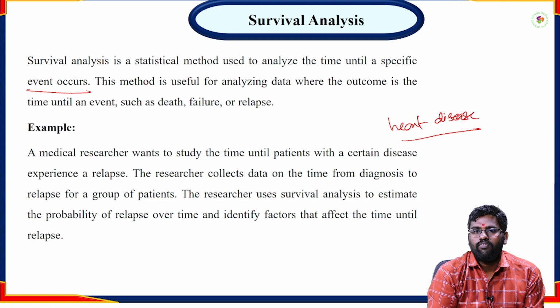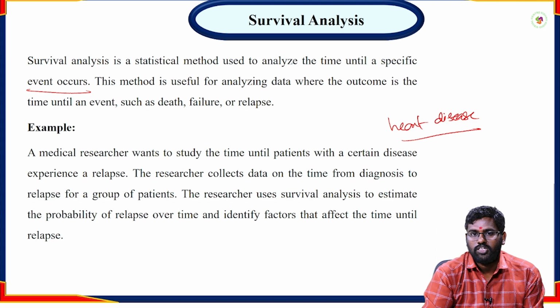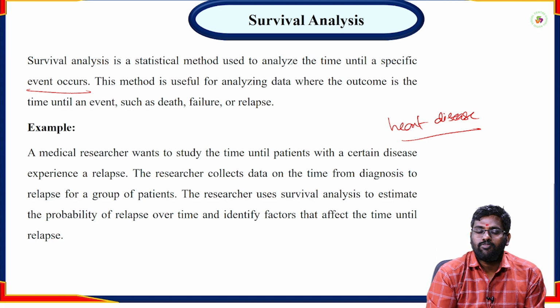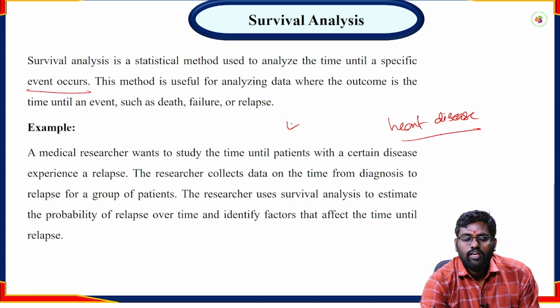Whenever we give curing medicines for the heart disease to the particular patient, we need to analyze, for example, a 40-year-old person, a 30-year-old, a 50-year-old, a 60-year-old.